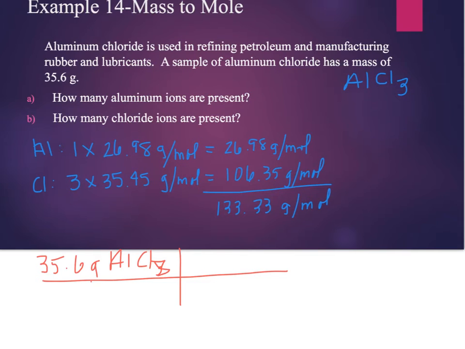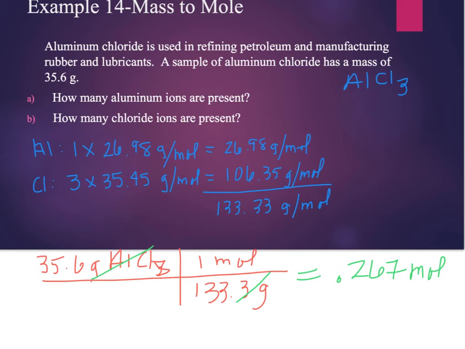So my grams are going to have to go on the bottom. 133.3 grams are going to go on the bottom for every 1 mole in the top. When I cross out my grams, I'm left with 0.267 moles of aluminum chloride.